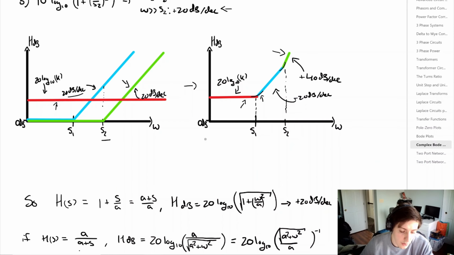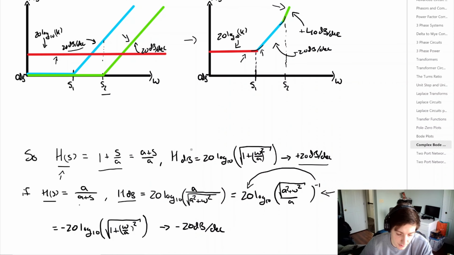So we know that if we have H equal to 1 plus s divided by a, we get this 20 dB per decade increase. But if we look at H being equal to a divided by a plus s, we get this relation for H in dB, which we can simplify like this here on the right. We can take this -1 and move it out front because it's just raised to a power.